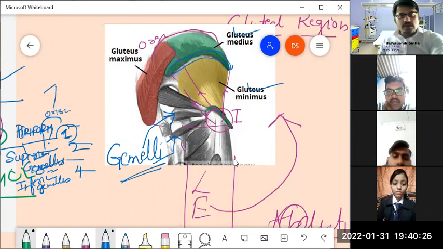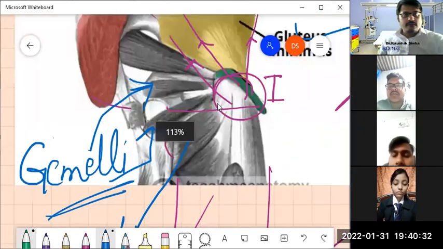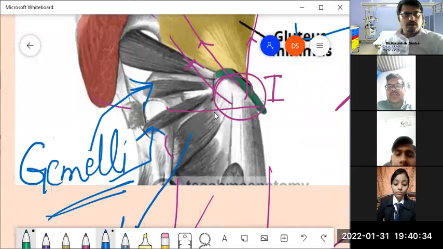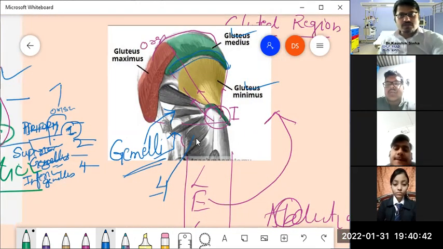And see that there is a 4th muscle. Noticed? Again, very deep. All these muscles have a common insertion, though the origins are different. And this 4th muscle is known as quadratus.